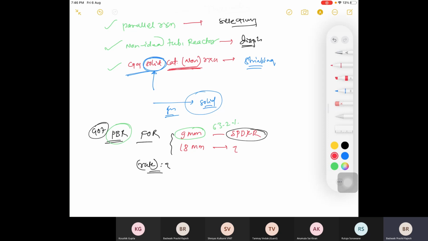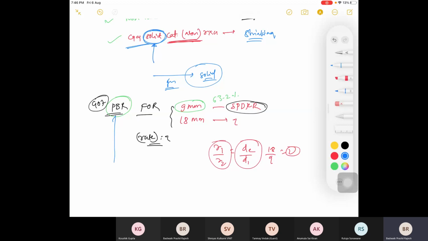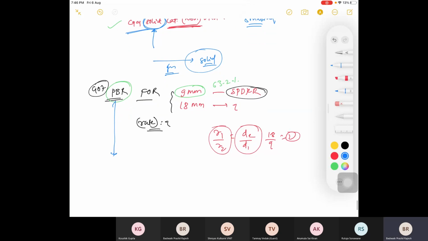So what a student will do, they will directly calculate, because rate 1 divided by rate 2 is D2 by D1. So they will directly do 18 by 9 equals 2. Okay, but it has not been asked for rate, they are asking for conversion.